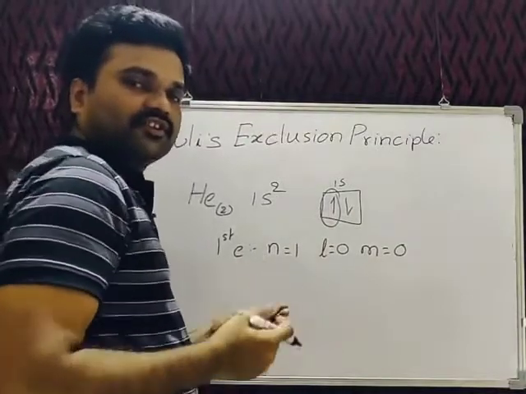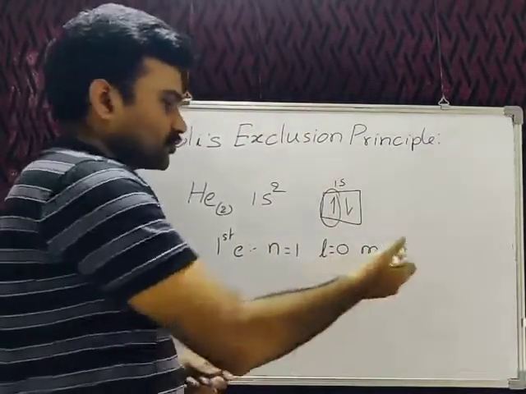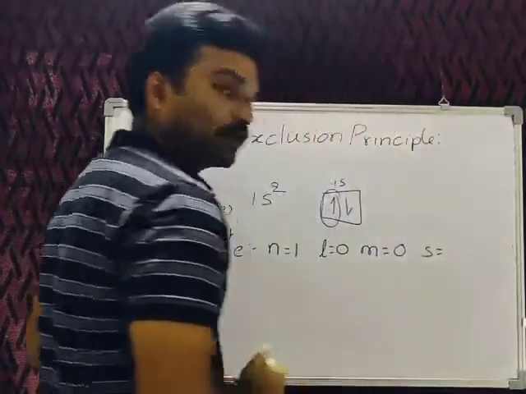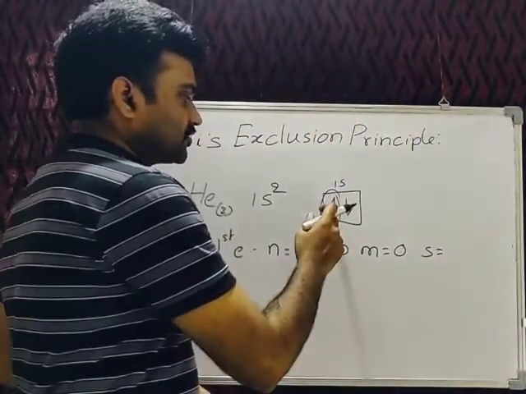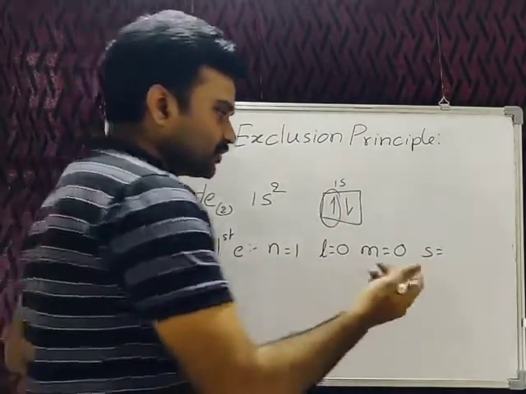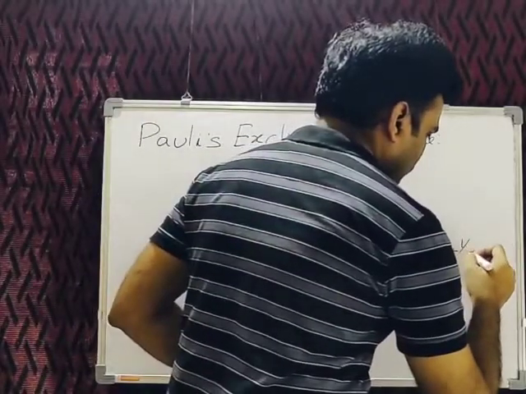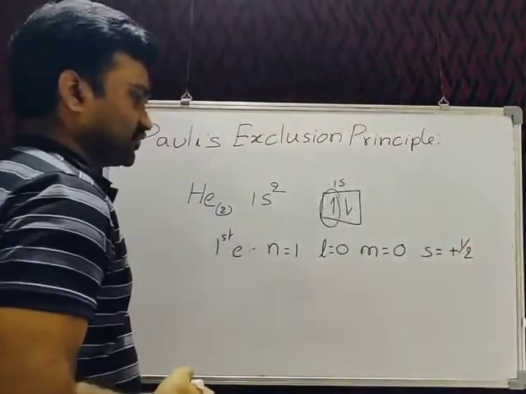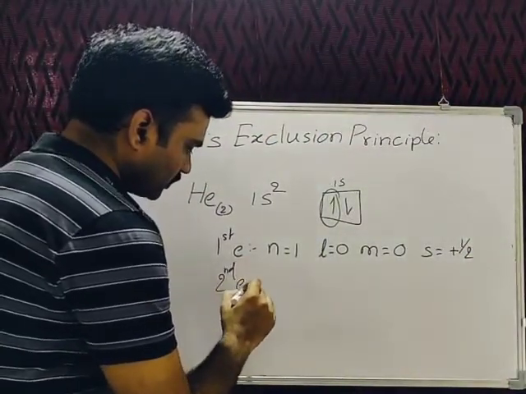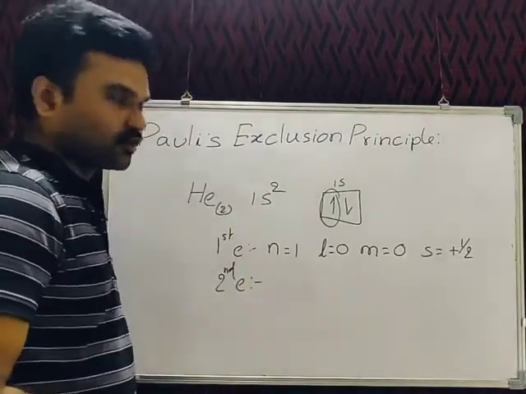The m values will be minus l to plus l including 0, so the m value will come as 0. And s value represents the spin quantum number for this electron. As it is in the upward direction, it represents the clockwise spin, so it will be represented as plus half.